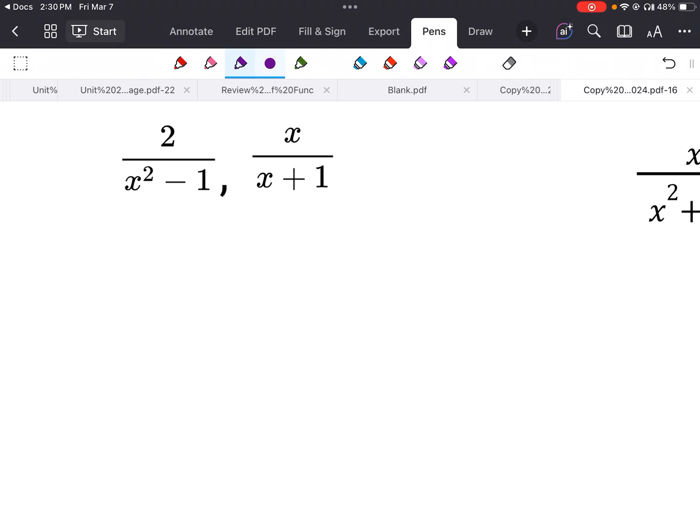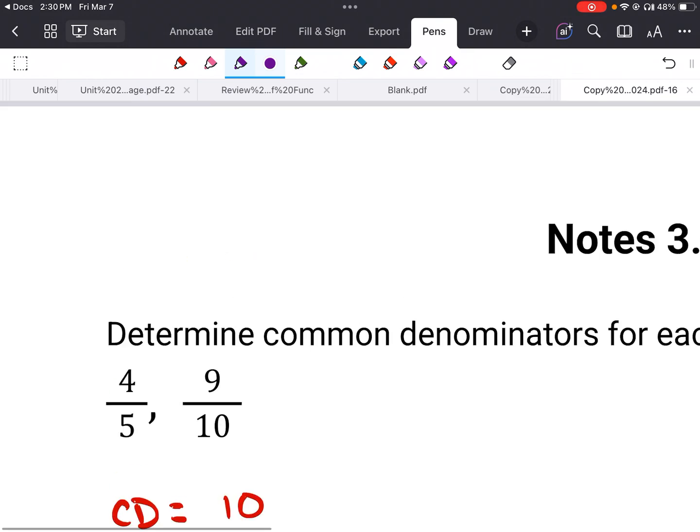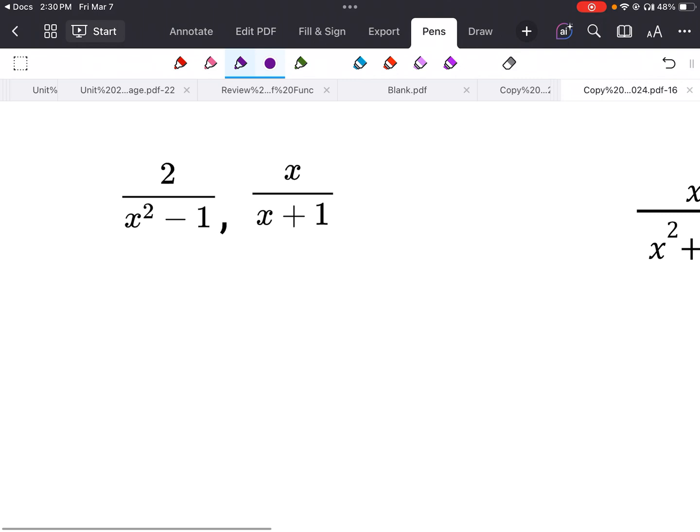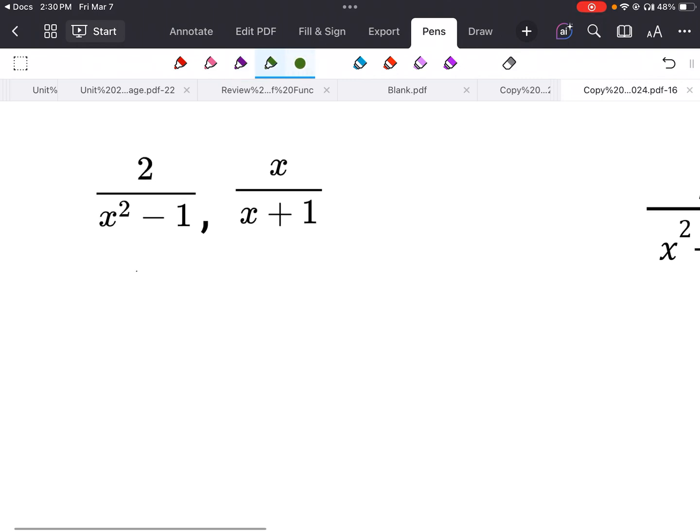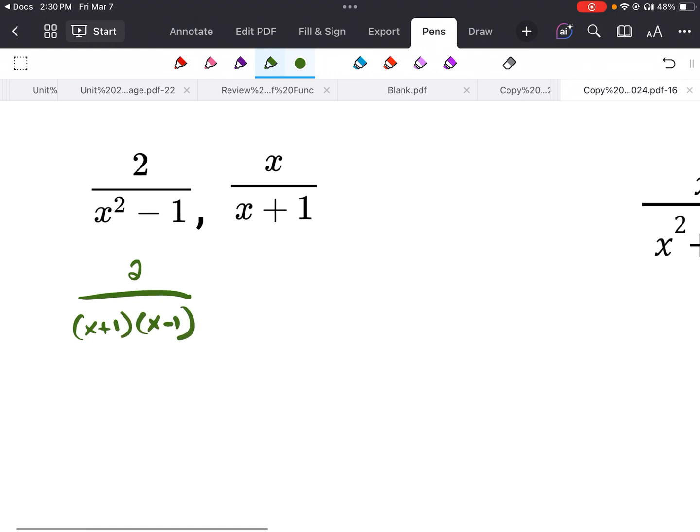Okay, for this one here, we're getting a little bit trickier. We have a quadratic function as the first denominator, a linear function as the second denominator. So we need to try to factor the quadratic. It's a difference of squares. So it becomes 2 over x plus 1, x minus 1 to go along with our x plus 1.